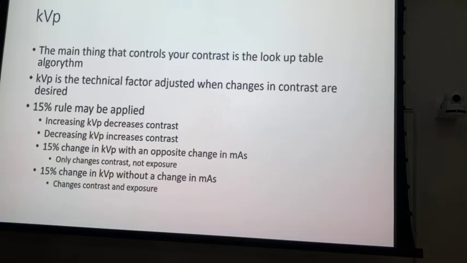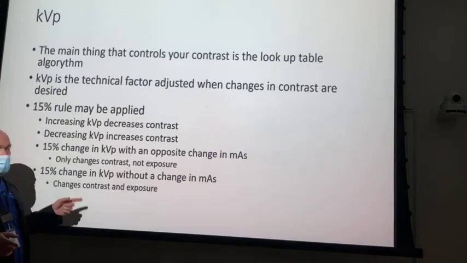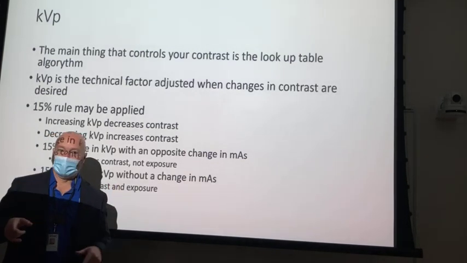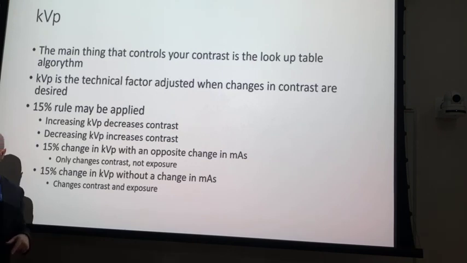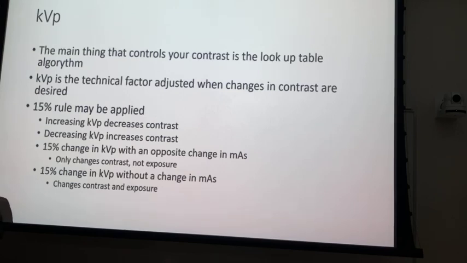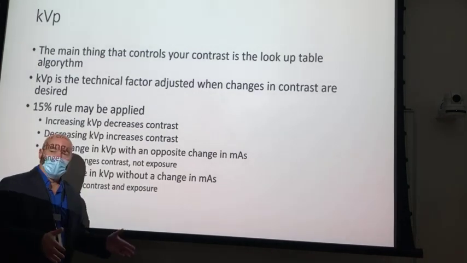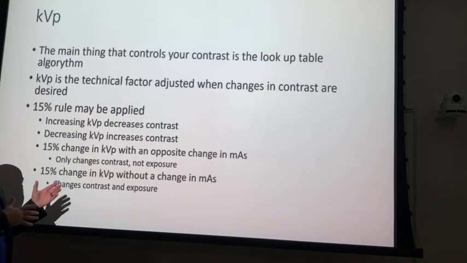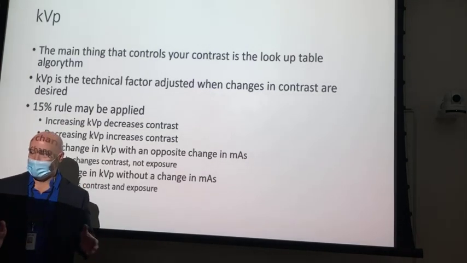Now, what if your index number showed that you underexposed the patient, so you need to repeat, but you also underpenetrated the patient? Well, let's walk through it. You need to repeat an exposure and you need to affect a change in penetration.